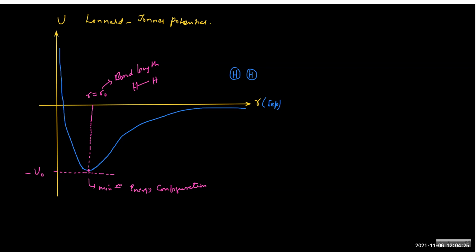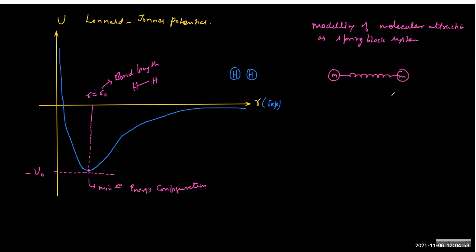So now we can do a modeling. You can think that two H atoms are like two masses attached to a spring. If you try to increase the separation, it will attract, because this is the equilibrium configuration.